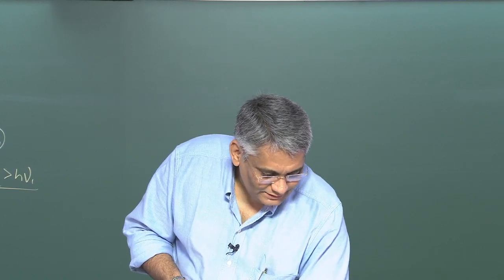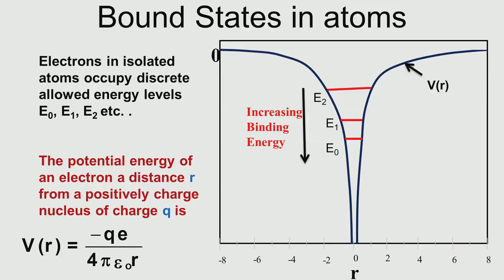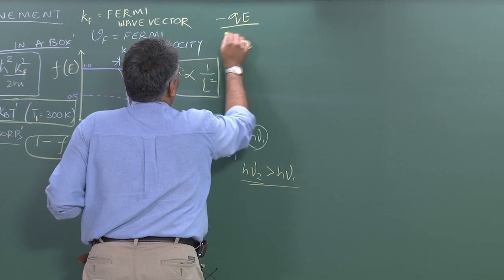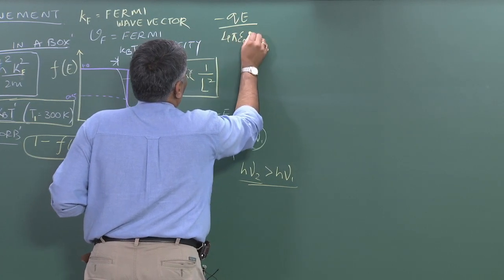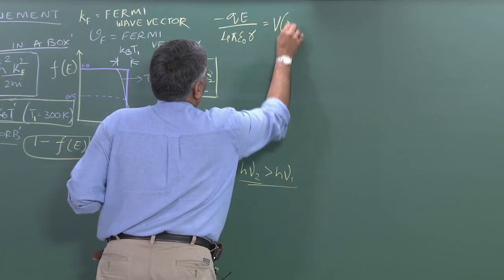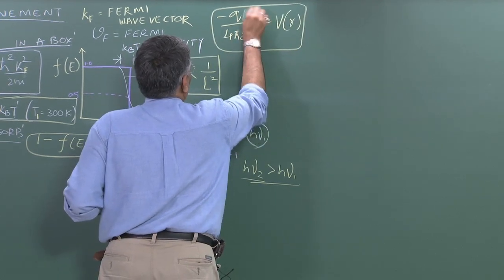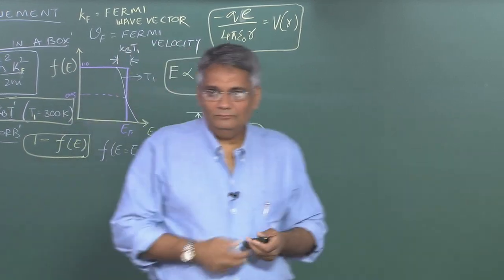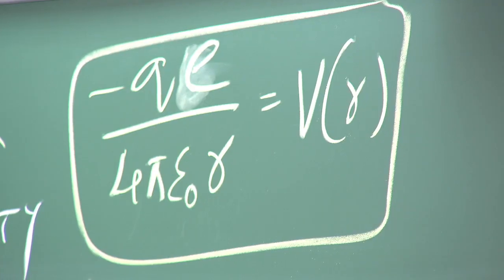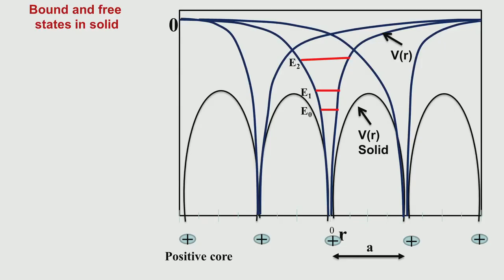Now we can easily write the potential energy of an electron at a distance r from a positive charge, that is the nucleus, that is the core, which is minus q by. Now, if you have a solid, of course, now we have what are called the bound states.